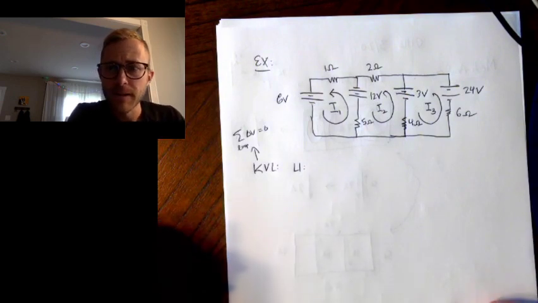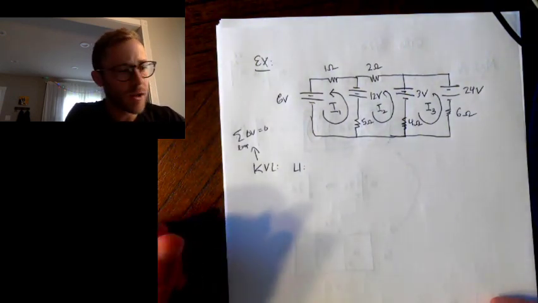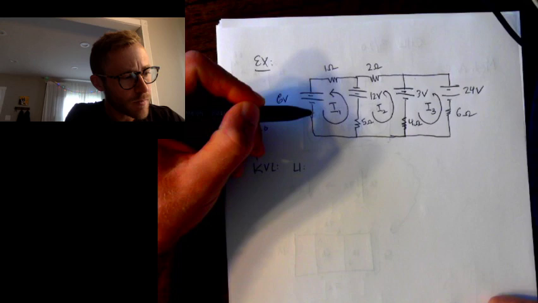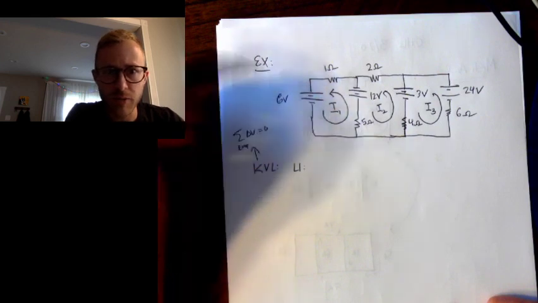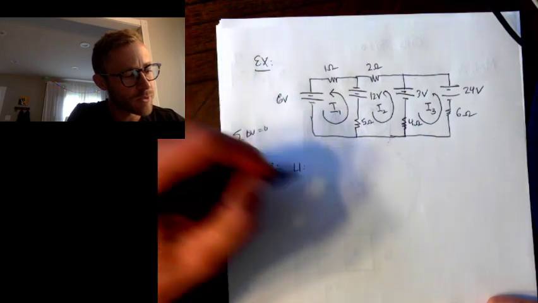Okay. So going around loop 1, I run into the positive terminal of the battery. So I'm going to put plus 6.